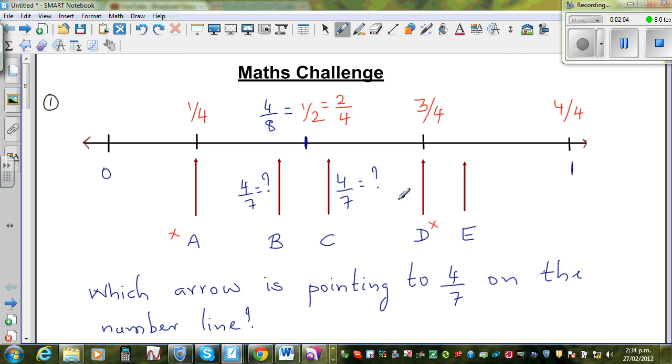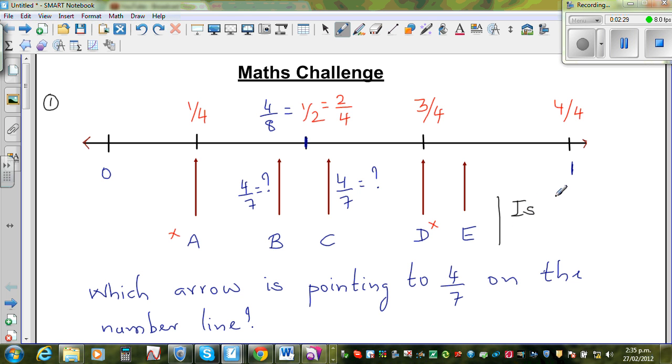Okay, so let us think about it. This is to the right and this is to the left. So my question now is, if this is 4/7, I'm asking a question now. Whenever you want to learn anything, you have to have heaps of questions.